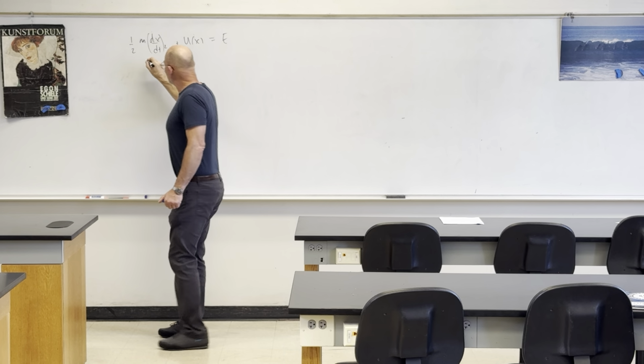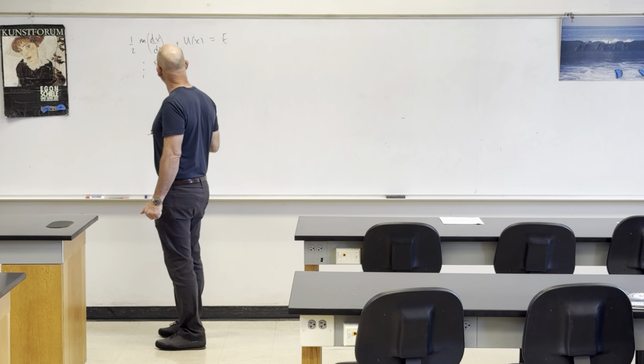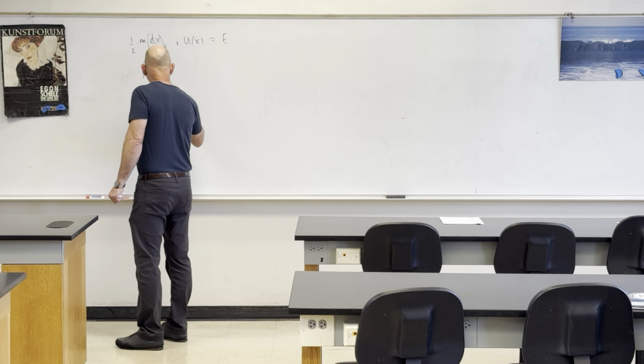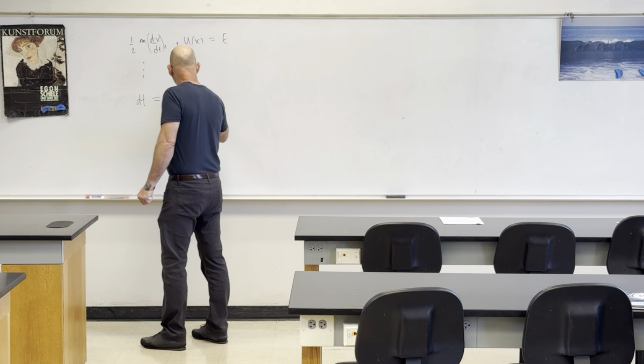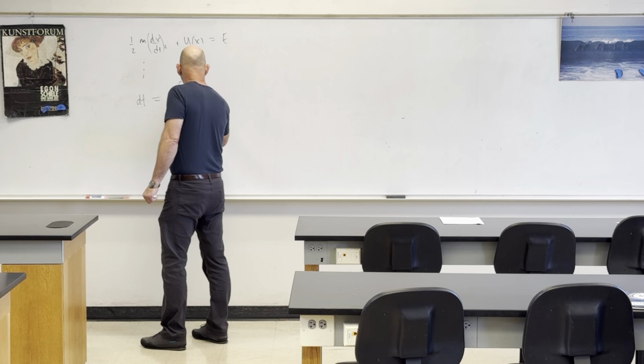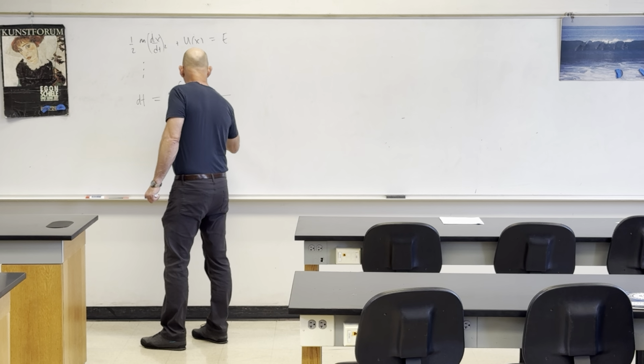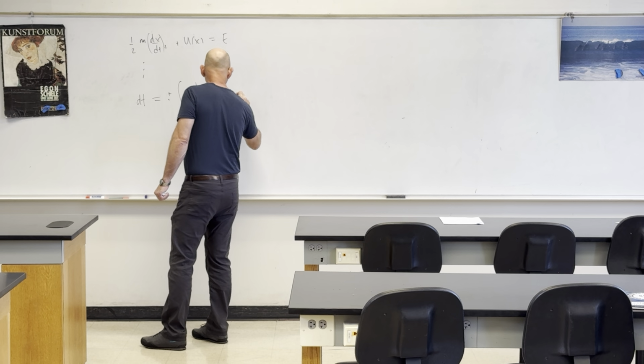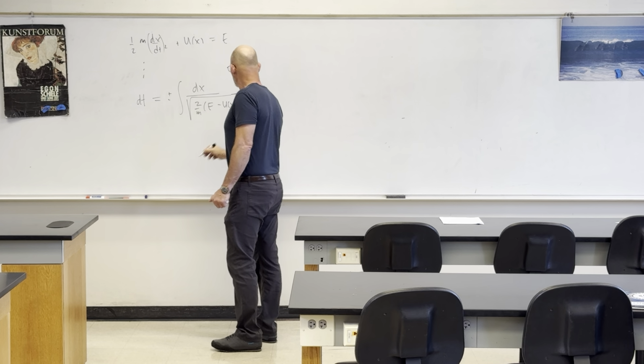So you separate variables, and you'll find this in your notes, and you end up with dt equals plus or minus the integral of dx, we're going to write this down carefully, square root of 2 over m times (E minus u of x prime), close parentheses.